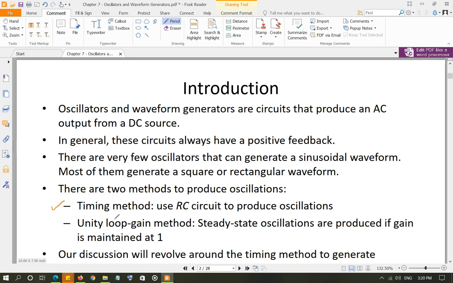And the other one is the unity loop gain method, where you can still produce oscillations at the output if you maintain the gain of the amplifier to be 1. We are not going to look at this method right now. The first method will be discussed.